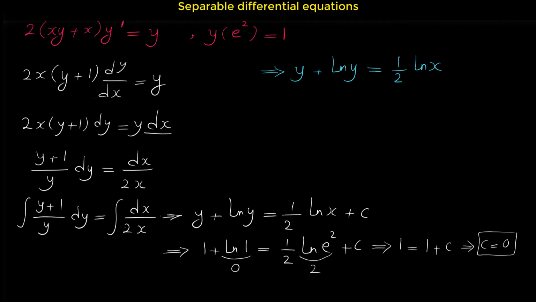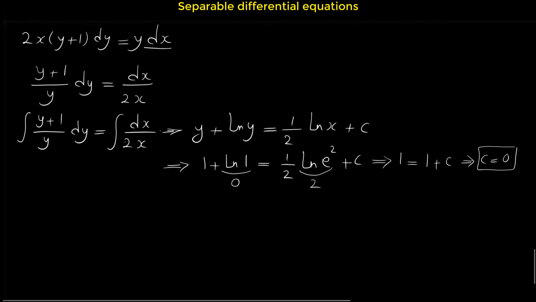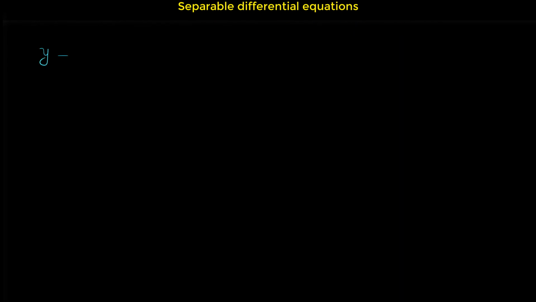Before we do the next example, let me show you how we can write this answer in different forms. The answer was y plus ln of y equals 1/2 ln of x.